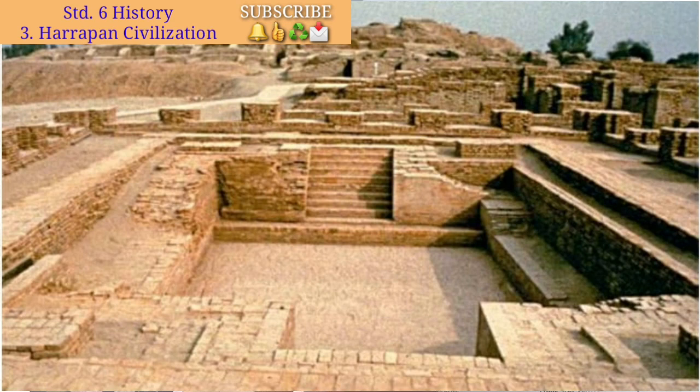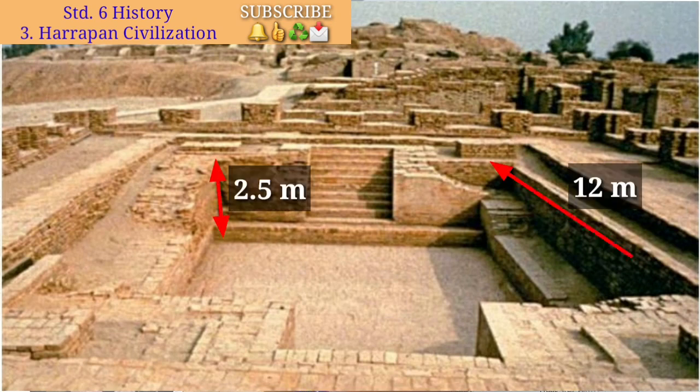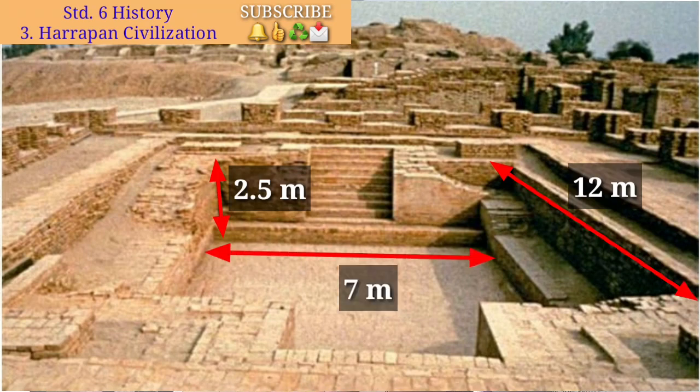It is not in Harappa, but it is in Mohenjo-daro. Okay students, it is called a great bath because its area is very large. For example, it is nearly 2.5 meters deep, as well as 12 meters long and 7 meters wide.